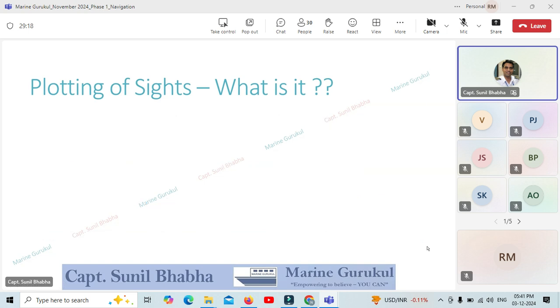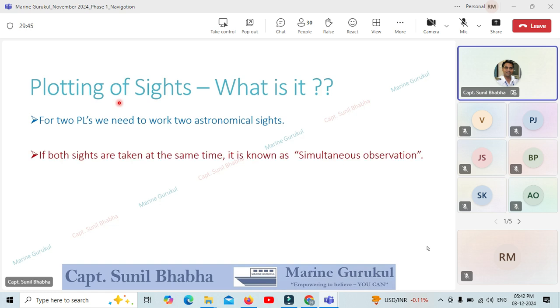Now for obtaining two position lines, we need to work at least two astronomical sites. One observation gives us 1 PL, the second observation gives us the second position line, and once we have these two PLs, we can plot them on the chart or on our plot, and wherever these two lines intersect will be the position of the ship.